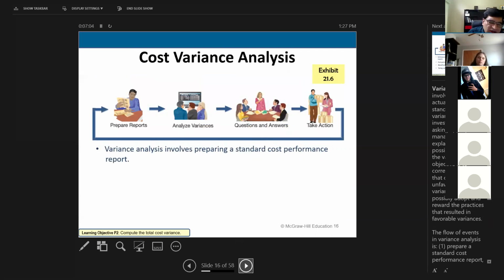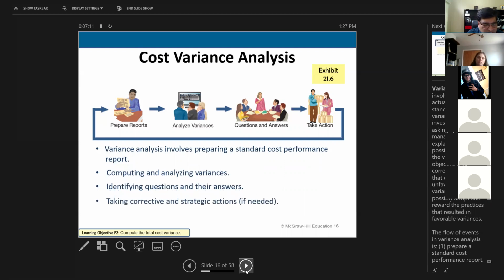So when we do the variance analysis, we prepare a standard performance report. You compute the variances. The reason for computing the variances is to identify why, what can be changed, what can be improved, who can be held responsible.